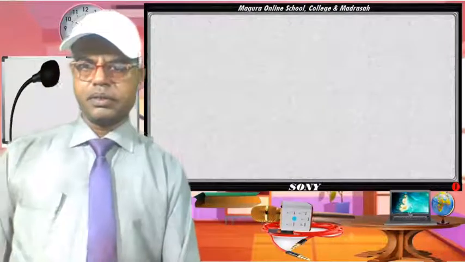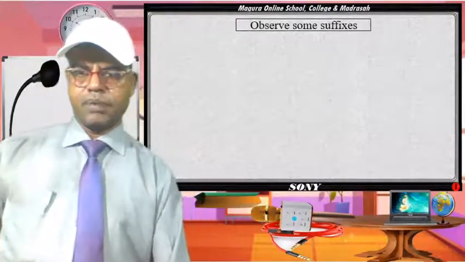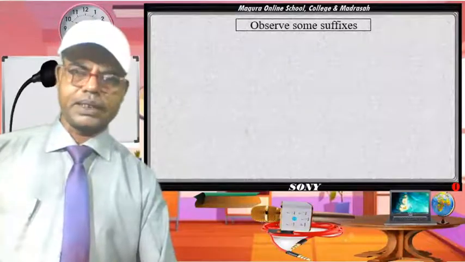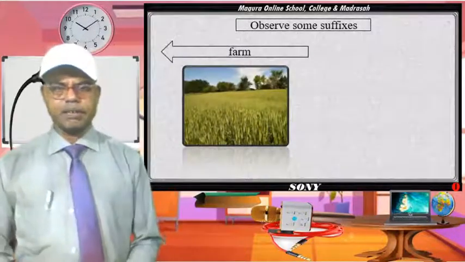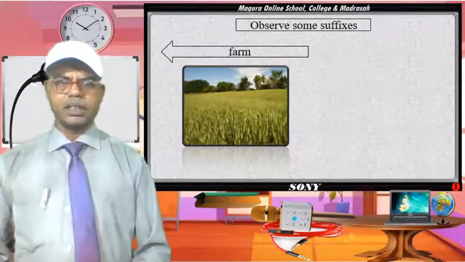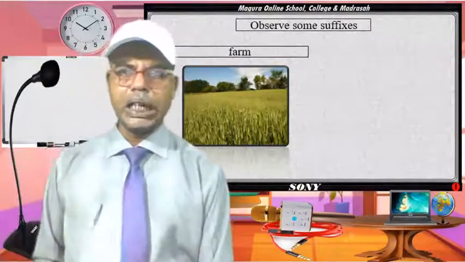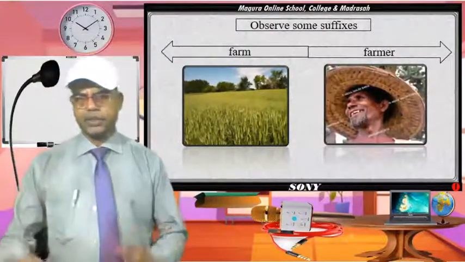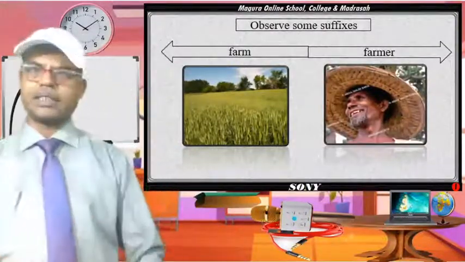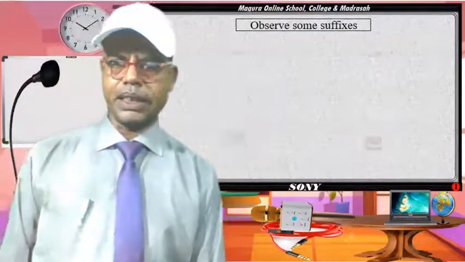Now, observe some suffixes. This is very much important, dear students. You see a picture of farmland. Here is written farm. Now we will add er at the end. You see a picture of a farmer, so it is farmer. This is a suffix. It is very much clear.